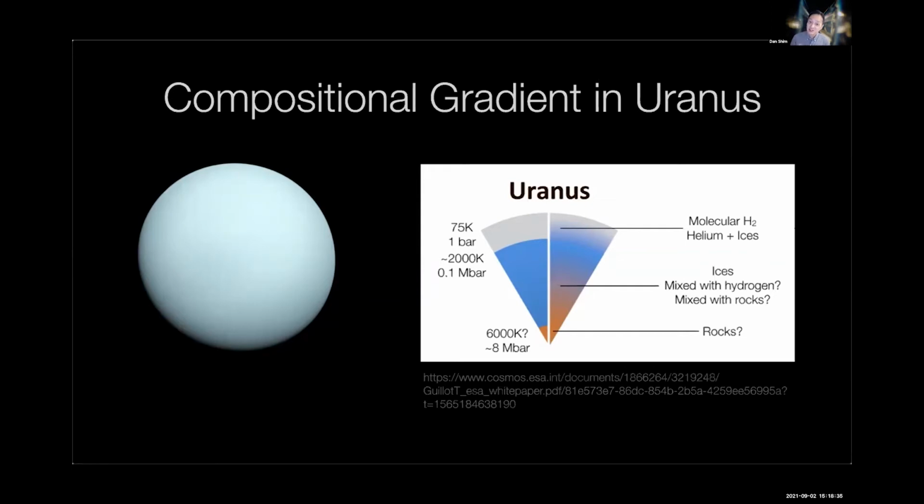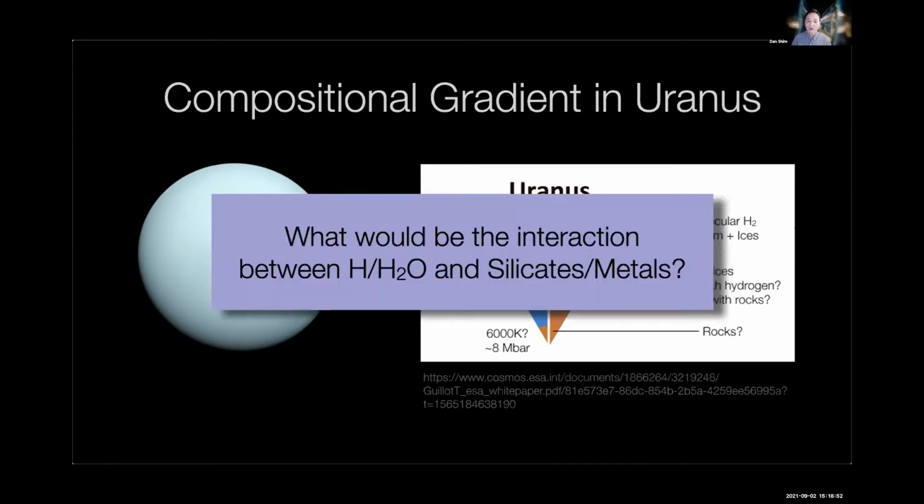Although that idea has been in the literature for decades, no one actually understands exactly how the compositional gradient could be created. Here, what I mean by compositional gradient is some concentration of elements heavier than hydrogen and helium. In this context, it is also important to understand hydrogen and water reacting with silicate and metals under high pressure and high temperature conditions.